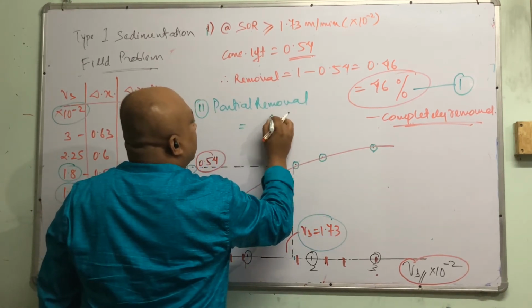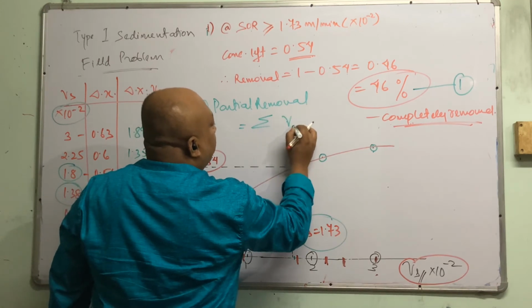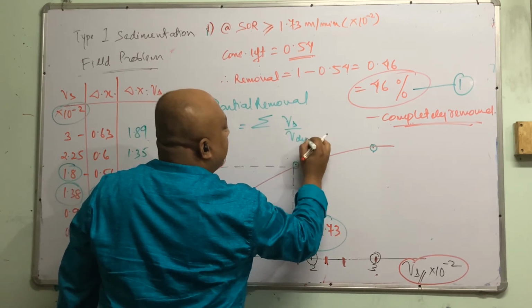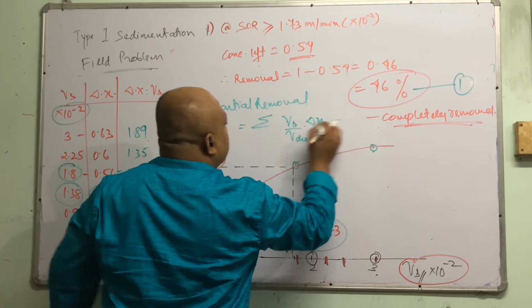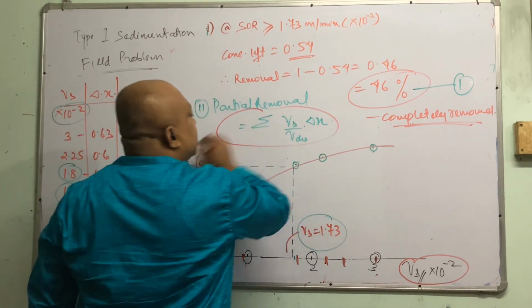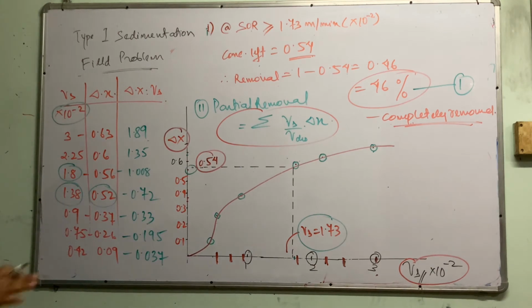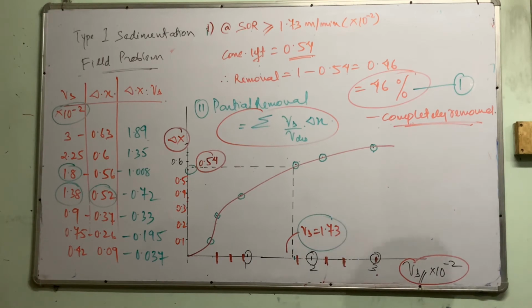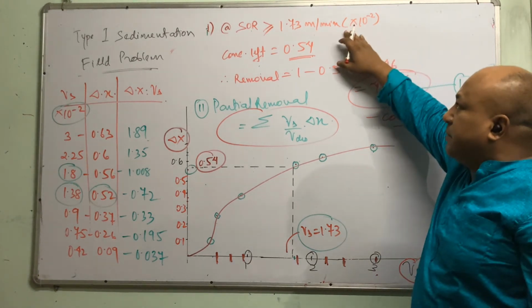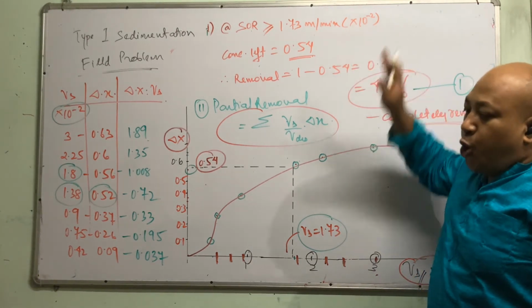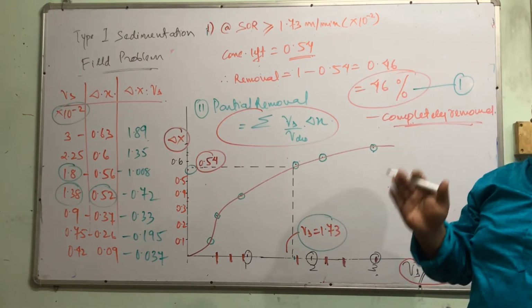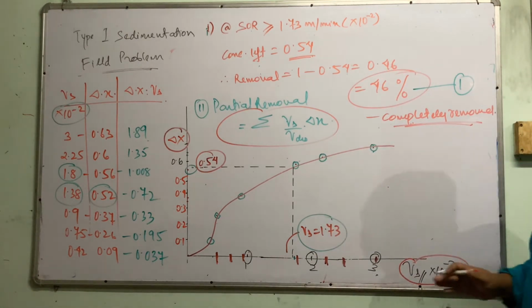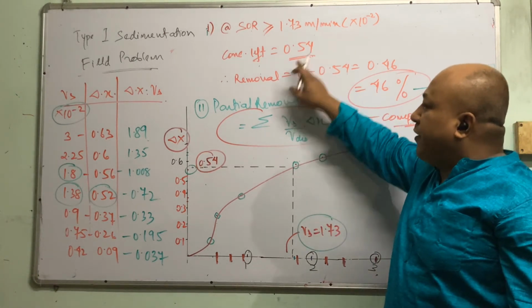Partial removal is equal to the summation of Vs by V design into del X, I told you. So we have to find this part from this graph. Is it clear? Let me explain once more. As I explained, the removal is of two types: one is completely removable, one is partial removal. At a certain velocity of 1.73 meter per minute into 10 to the power minus 2, or SOR of 25 meter cube per meter square per day, the concentration left from the graph is 0.54.